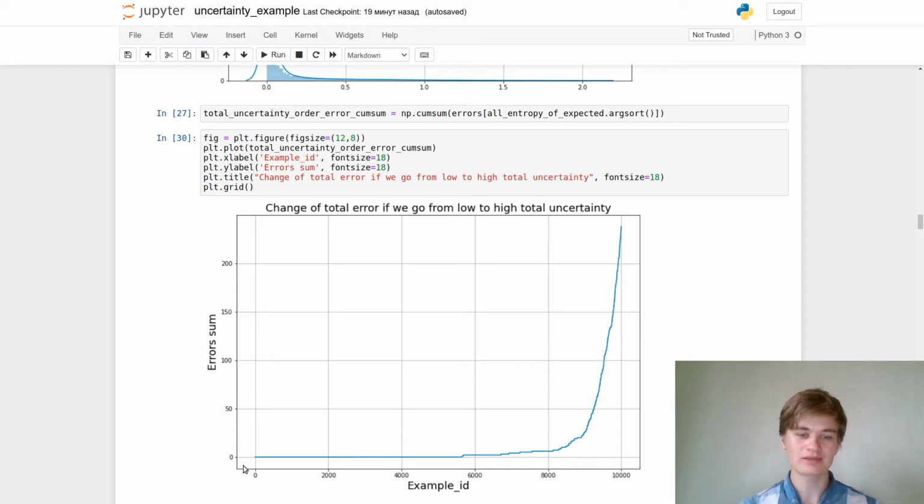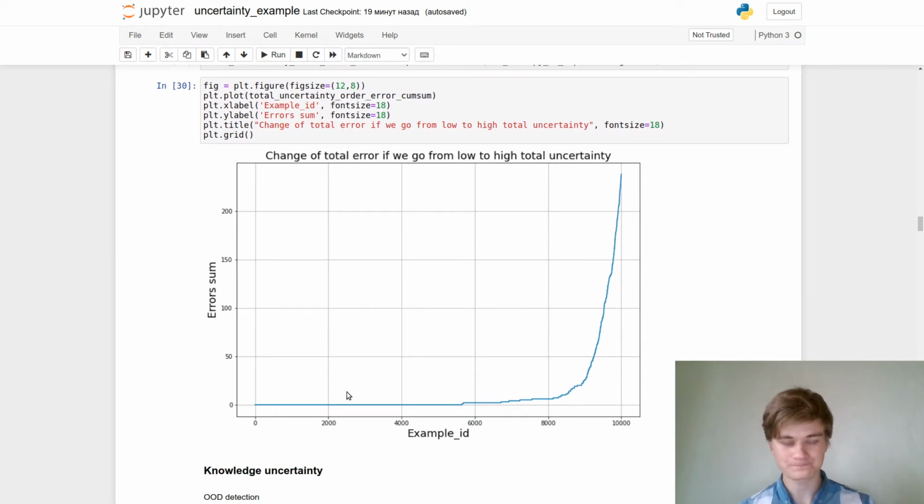And then let's calculate cumulative sum of errors based on this order. We will see, and yes, we can see from this figure that for many examples with low total uncertainty, we have 0 error rate.